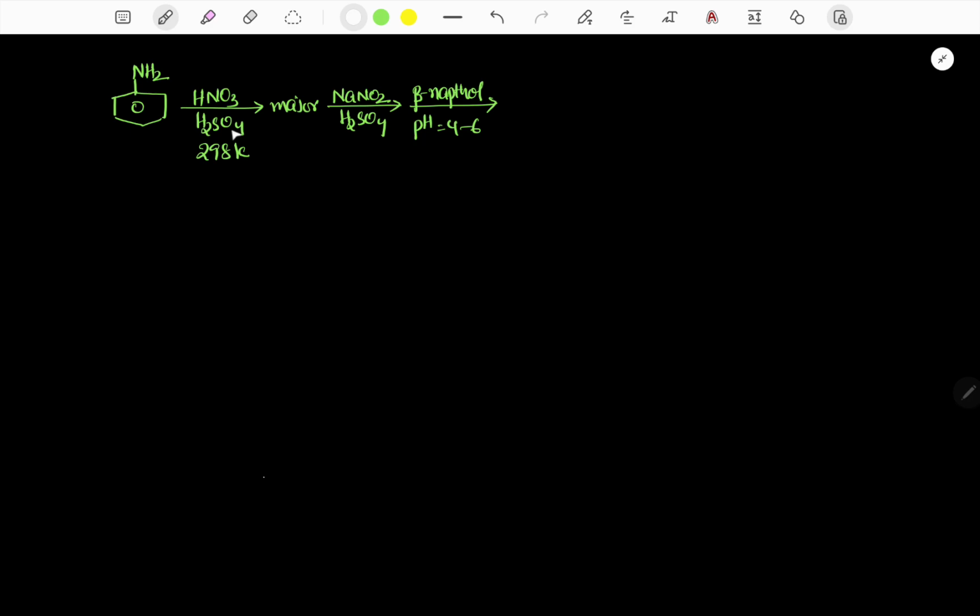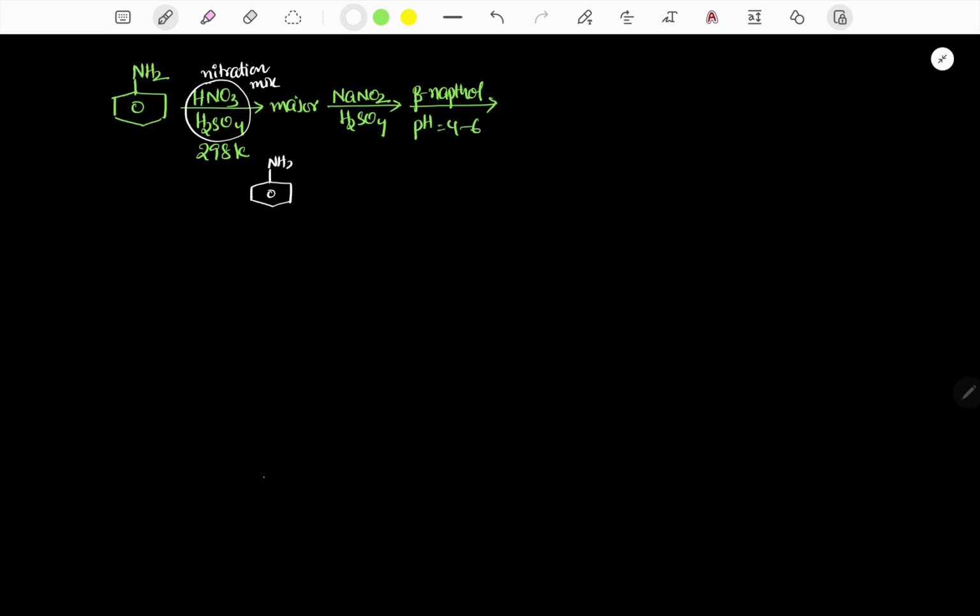Aniline treated with HNO3, H2SO4. This is called nitration mixture. When aniline is treated with nitration mixture, it gives three compounds.